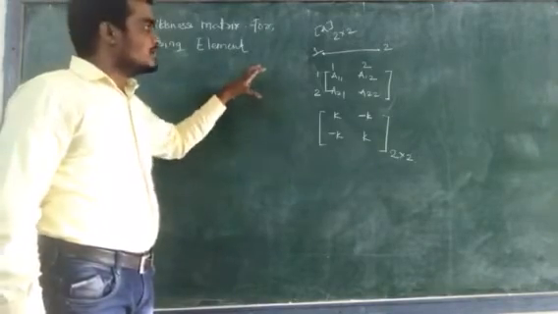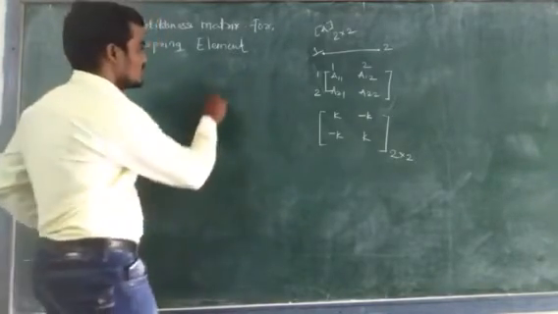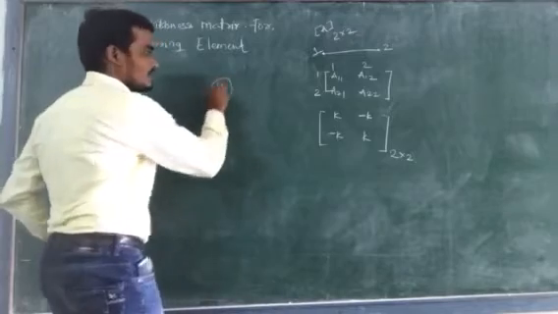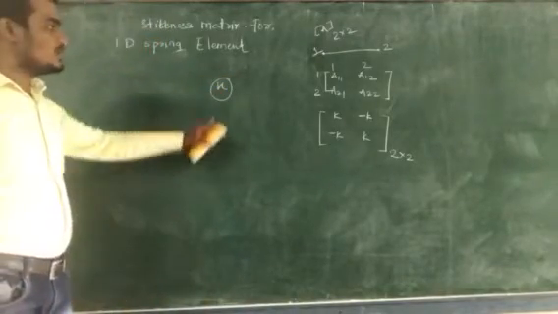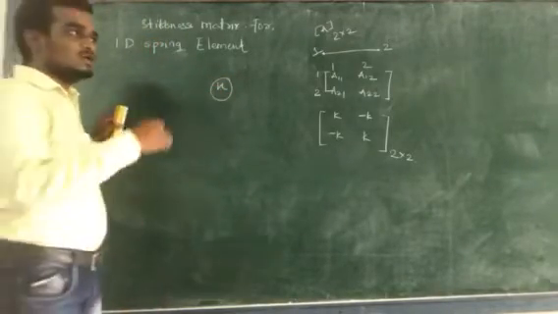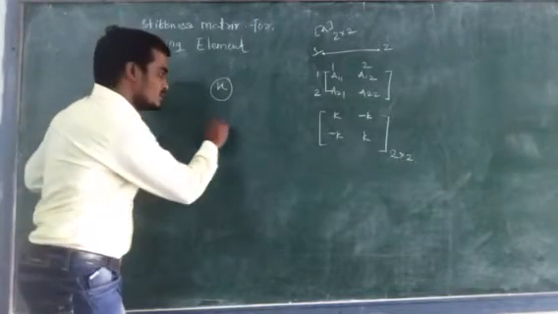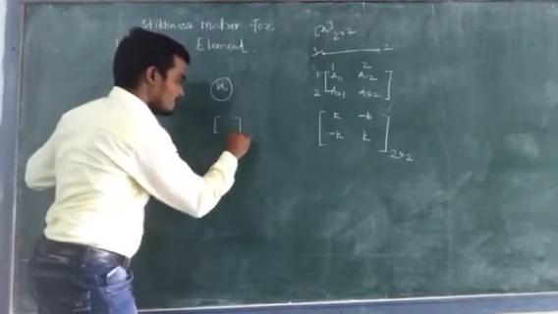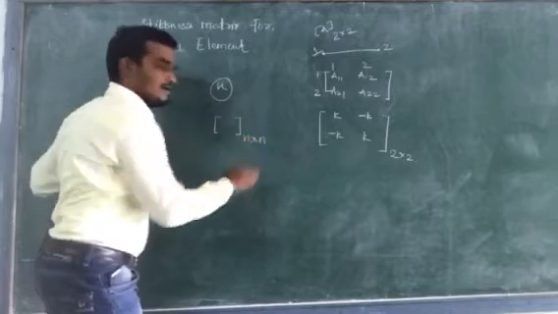Means if the number of nodes equals n, then the order of that stiffness matrix will become n by n.